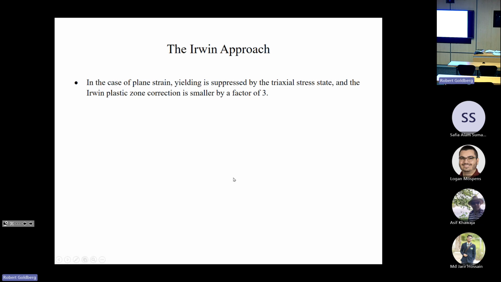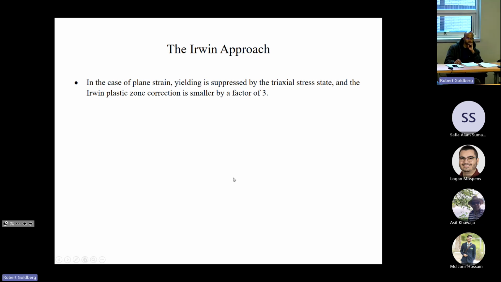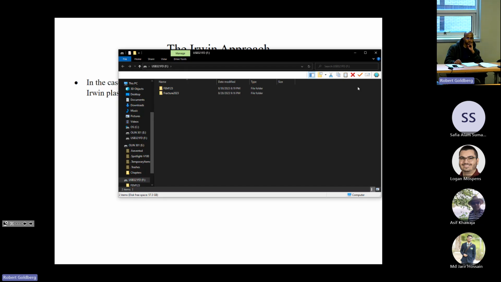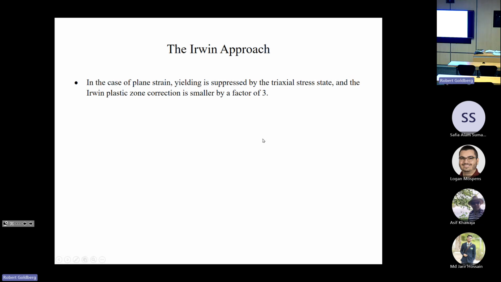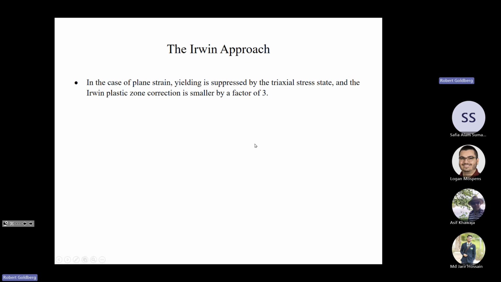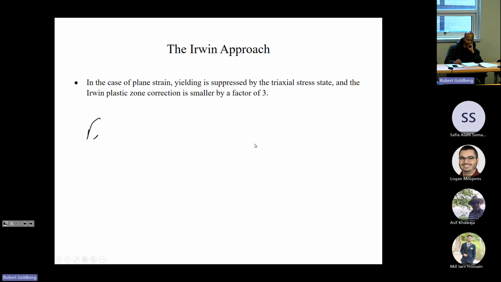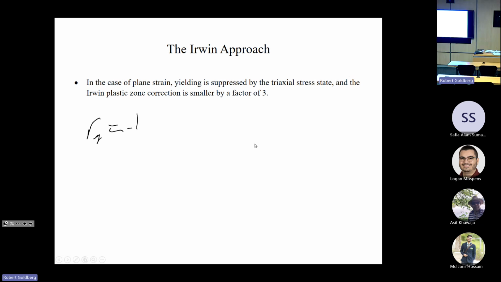And in the case of plane strain, that makes life a little more complicated because you have stresses in all of your directions. For the case of plane strain, this radius of the plastic zone is 1 over 6 pi times (K1 over the yield stress) squared, because the additional stress in the through thickness allows for some stress relaxation, which means that your stress state isn't quite as high.